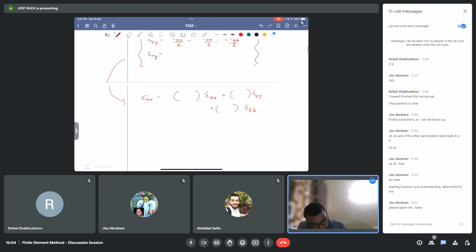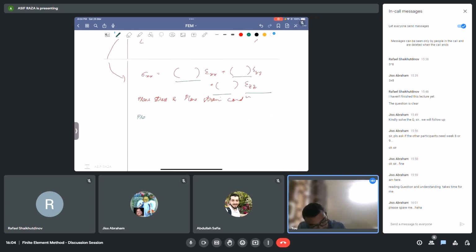Now for the plane stress and plane strain conditions, this dependency will change. For plane strain, epsilon zz is directly 0, so we have only epsilon xx and epsilon yy.